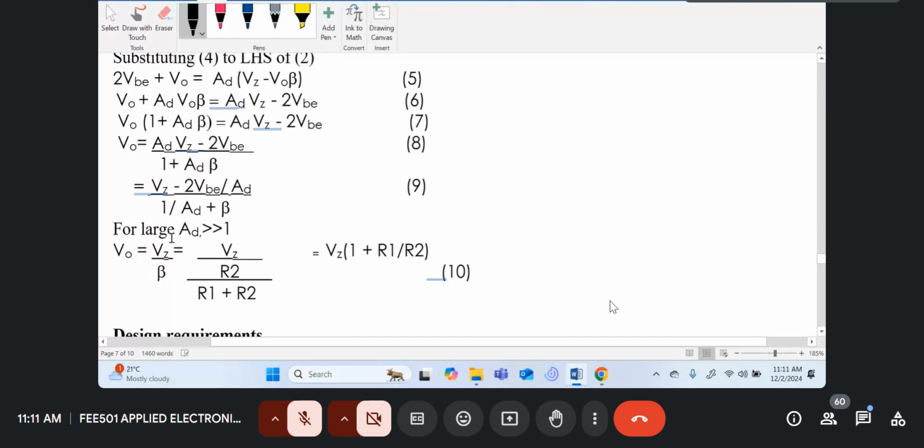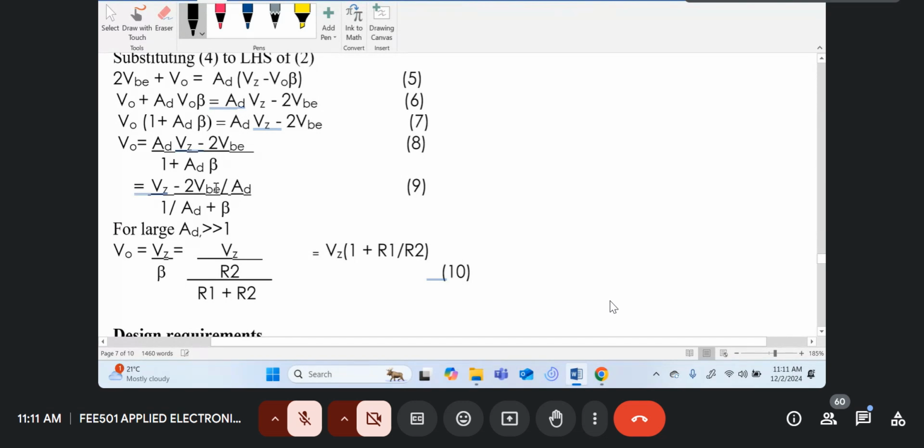Now AD for most op-amps is greater than 1. AD is typically over 100,000. So if you look at the numerator of 9, the term with AD, you get 2 VBE.